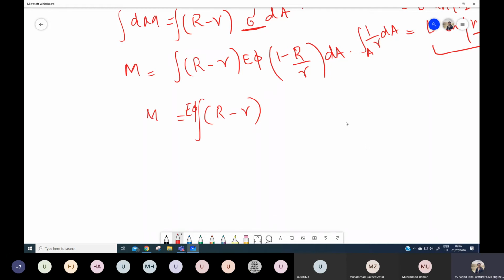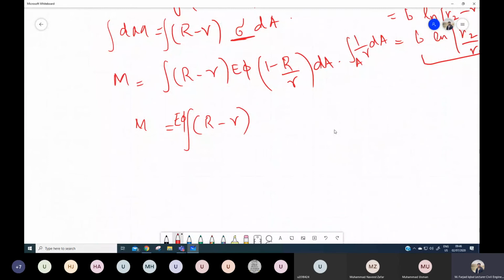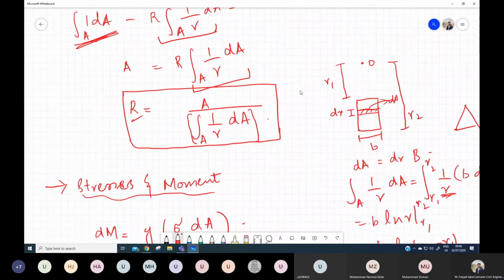Actually, we have made, I think, a small error. So we can see it later. So if I take the LCM, this will become r minus capital R divided by this small r and this differential area dA. So yes, we have made one mistake.